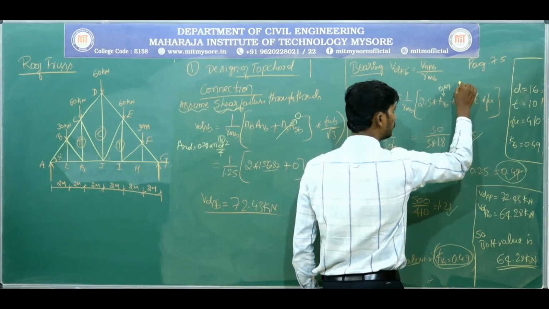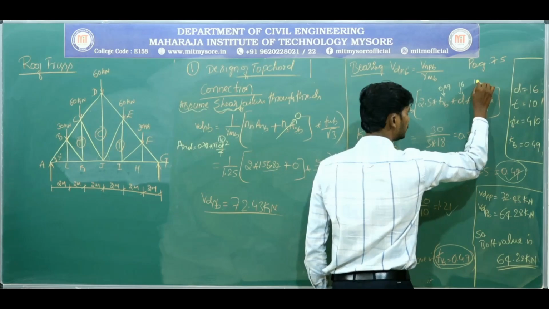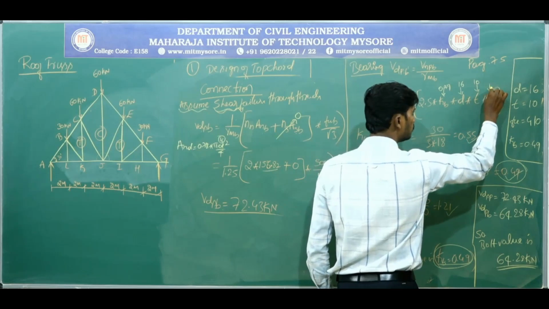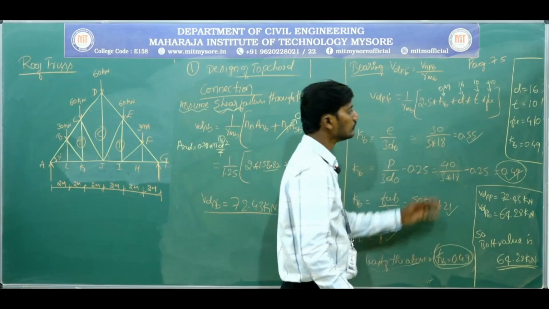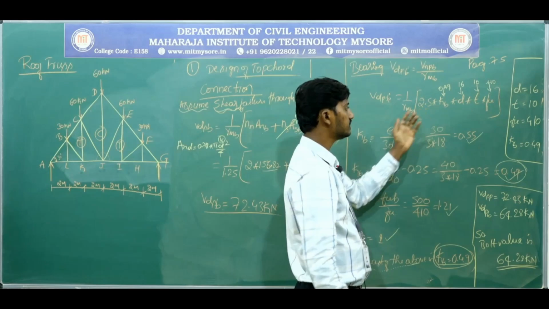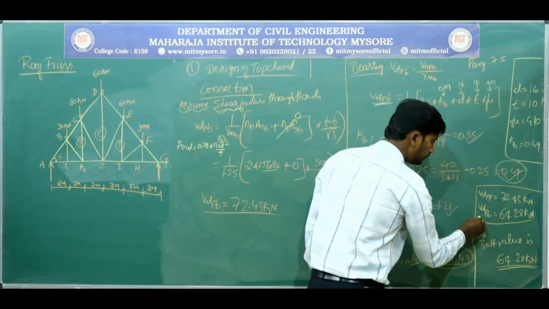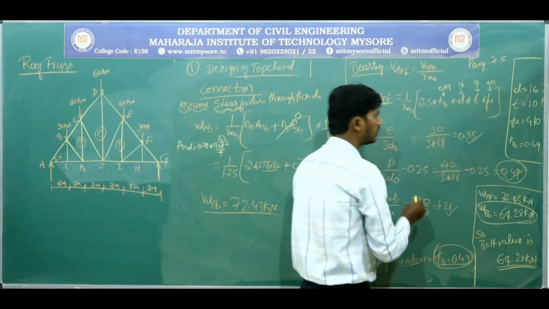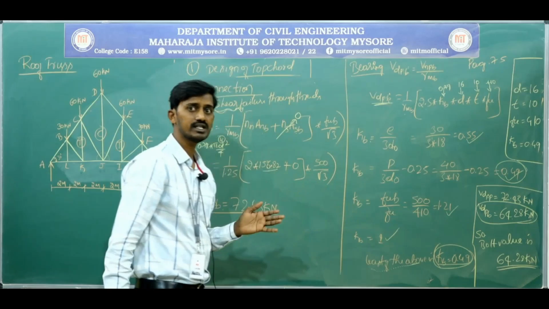KB is 0.49, the dia of the bolt is 16 mm, thickness of the angle is 10 mm, FU, that is plate, is 410. If you solve this, you are going to get 64.28 kilonewton as the bearing strength of the bolt. What is the shear strength of the bolt?